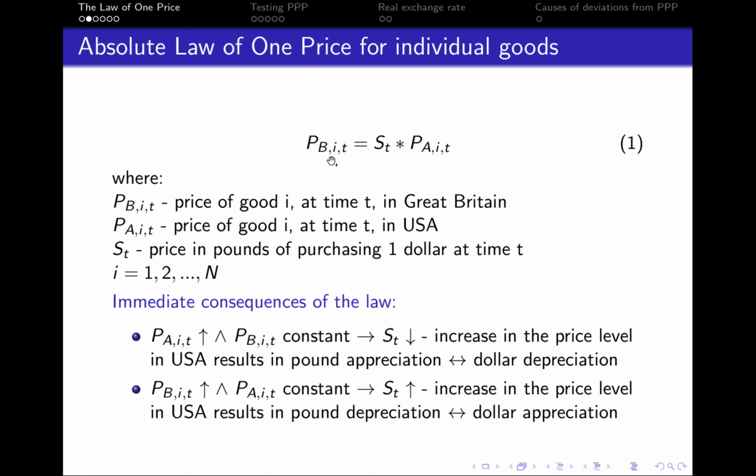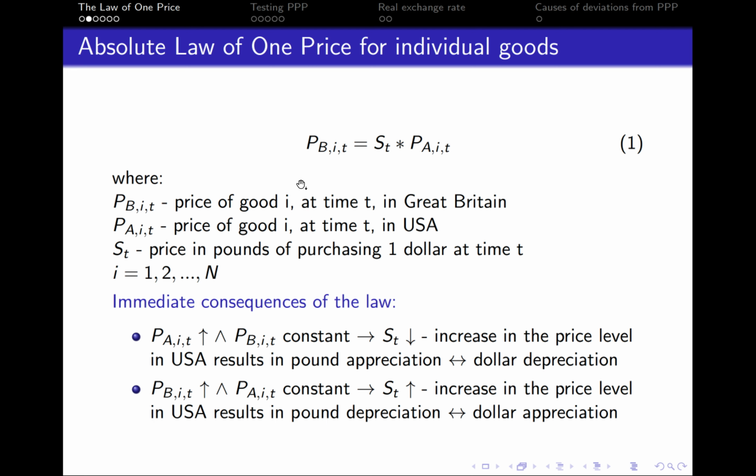And now, look, if we know that this law of one price holds, this gives us some immediate conclusions about the relationship between prices and exchange rates. Imagine a situation like this. Price of good i in the United States goes up, price of good i in Great Britain remains at the same level. So look, what is happening over here?